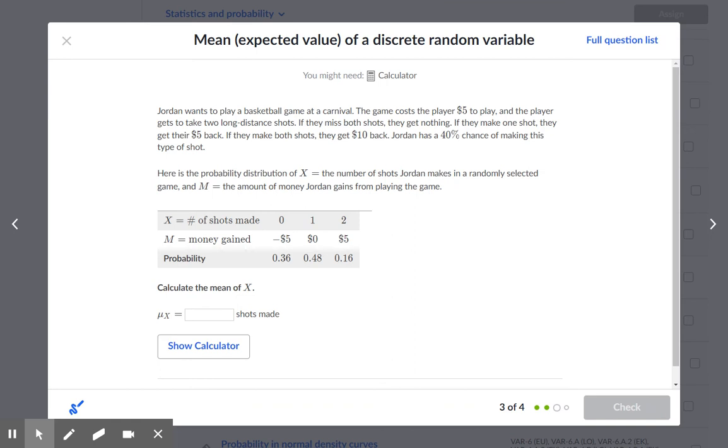Then the corresponding probability for 0 shots is 0.36, enter, 0.48, enter, 0.16, enter. Stat, calc, one-var stats, L1, L2, 0.8. So 0.8 is the expected shots made.